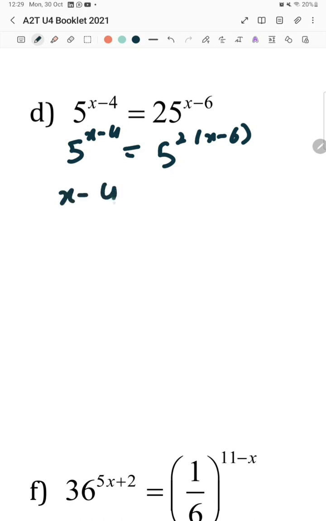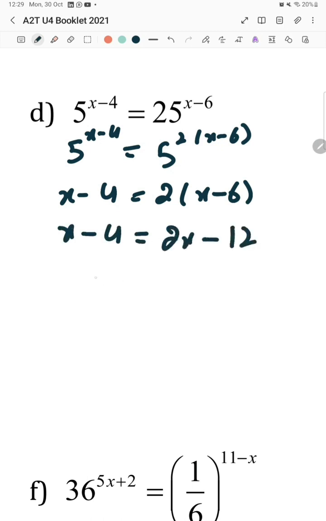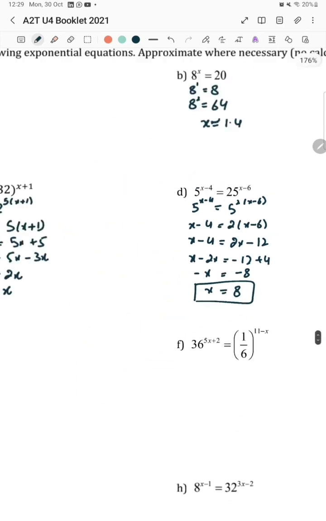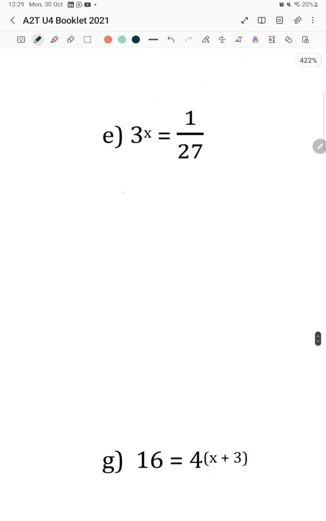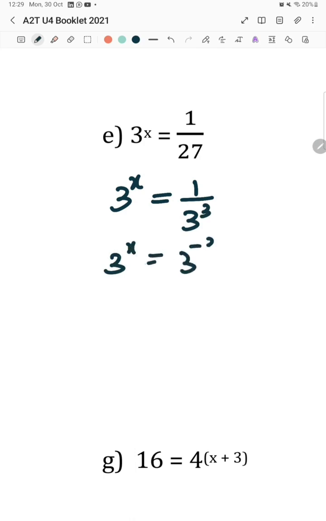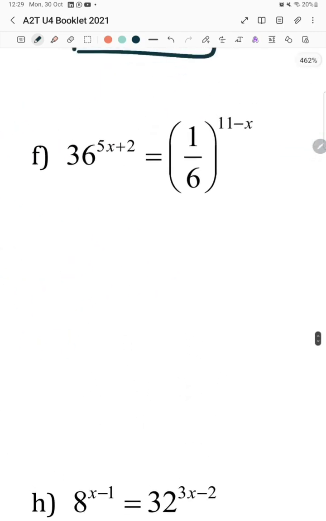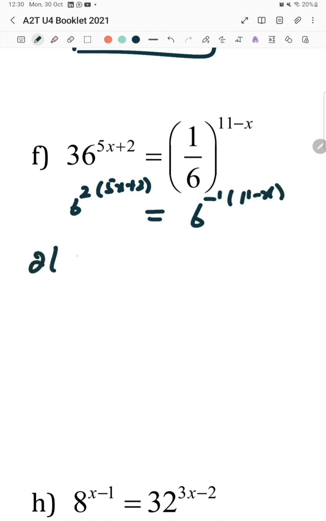So bases are same, we can make exponents the same. Bases are same, so exponents are also going to be the same.